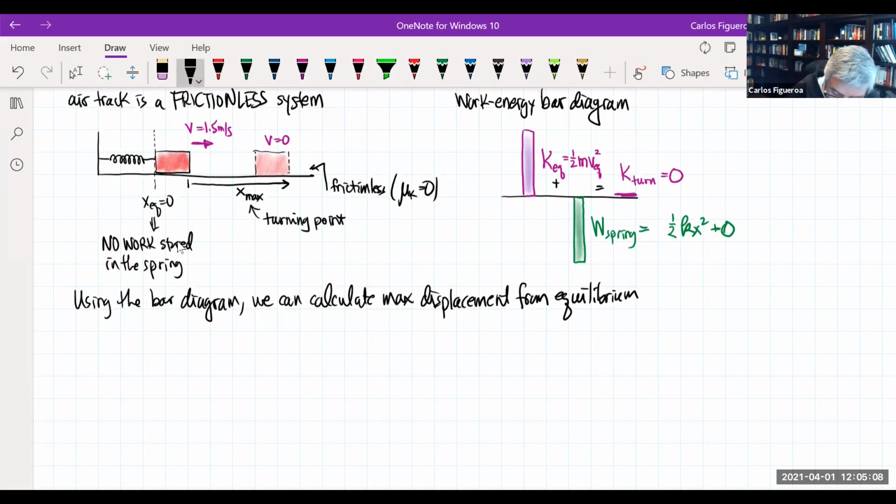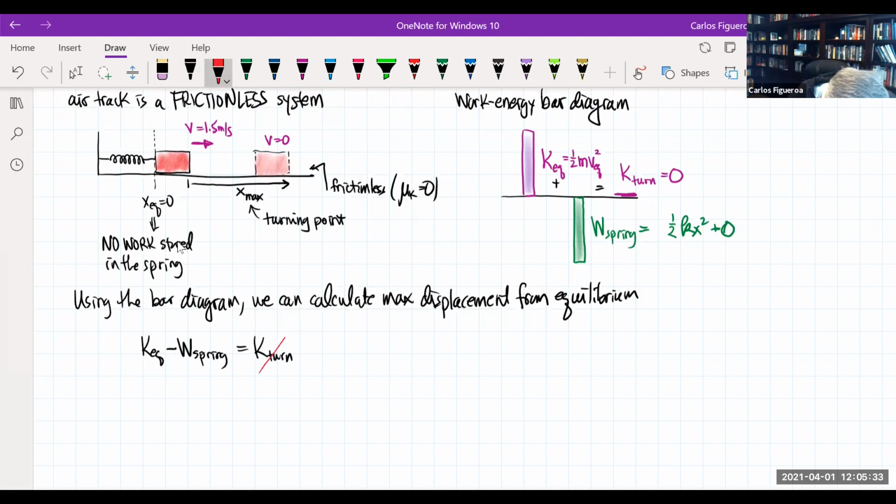So the work-energy theorem says the kinetic energy at the equilibrium point, now I put the minus sign because it goes below, the height of this is 1/2 kx squared, minus the work of the spring, equals the kinetic energy at the turning point.